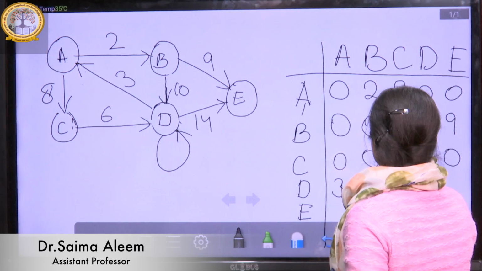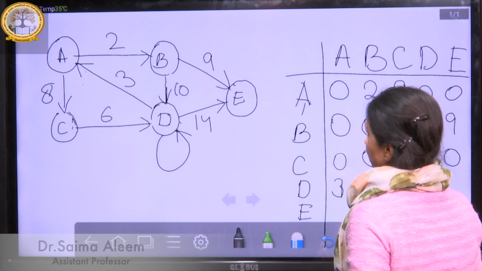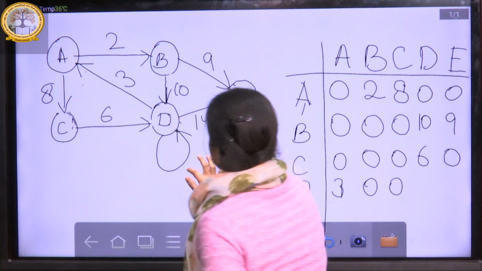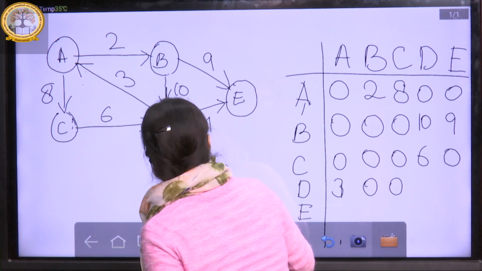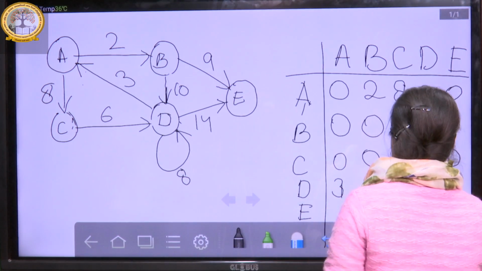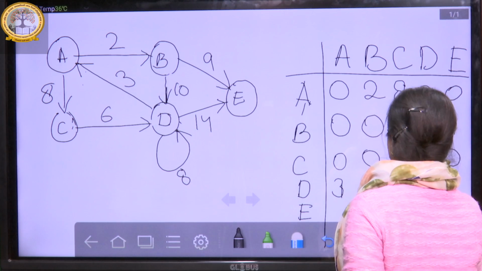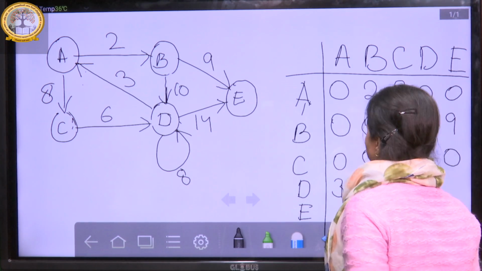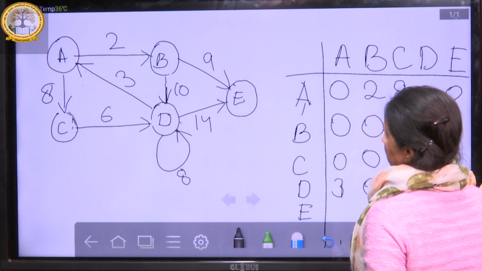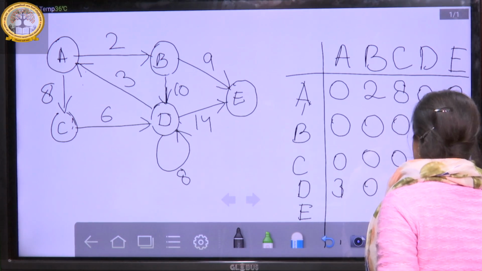D to C, 0. D to D, let's take a weight of 8 on the edge corresponding to the node D. D to E, 14.